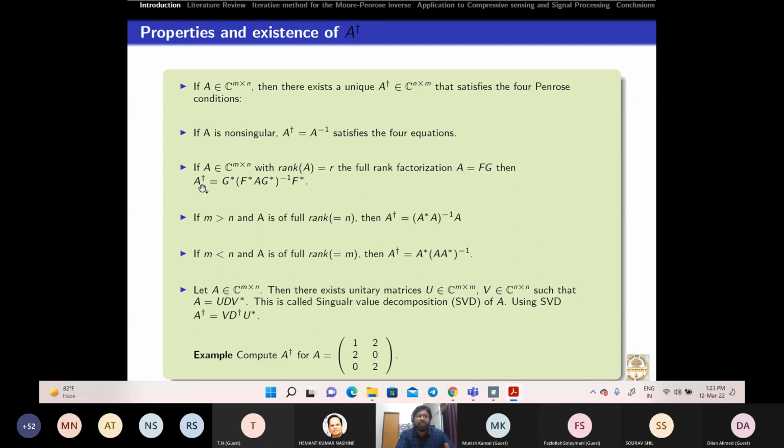If you check this A dag, it will satisfy all the four Penrose equations that we know. And this is one direct way.